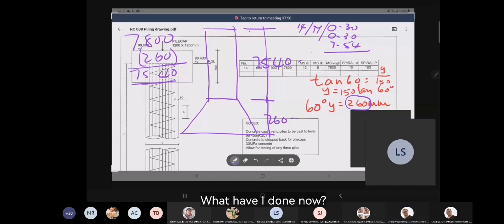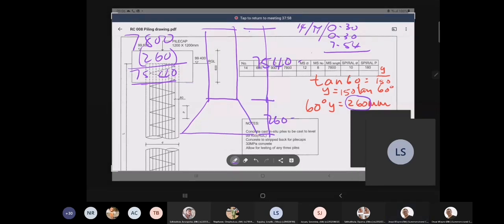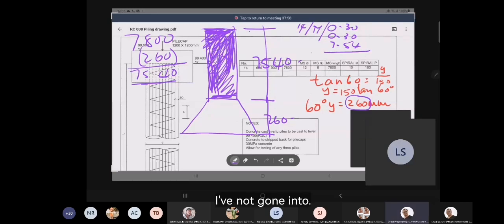What have I done now? I have now measured that. I've not gone into the foot.